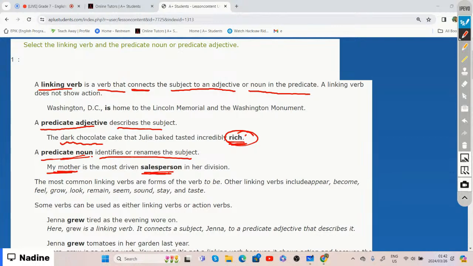Other linking verbs include appear, become, feel, grow, look, remain, seem, sound, stay, and taste. That is linking verbs.